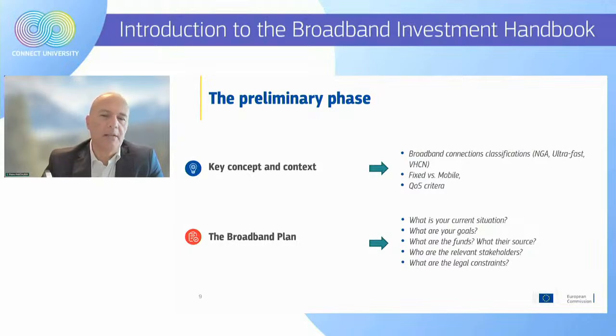The broadband plan is a key element, as every plan starts from assessing the current situation, then setting the goals that the public authority wants to pursue with a broadband project, and then discusses all the elements that go from the assessment of the situation to the goal: which funds, what are the relevant stakeholders, what are the legal constraints, and so on. Next slide.